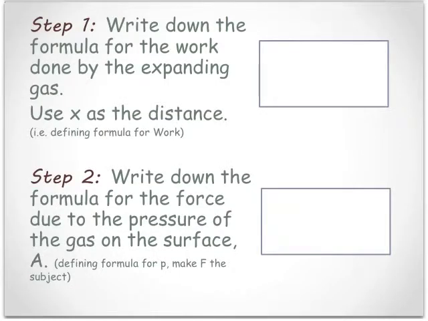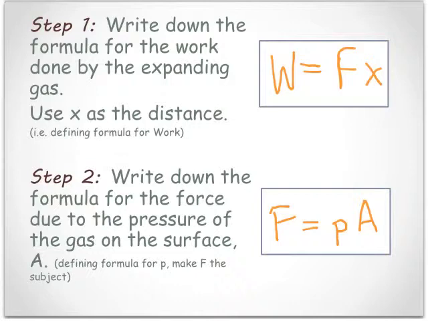What we're going to do is write down the formula for the work done by the expanding gas. Use x as the distance. So the defining formula for work is W = Fx. Write down the formula for the pressure due to the gas on the surface A, and make F the subject. From pressure equals force over area, F must be pressure times area.